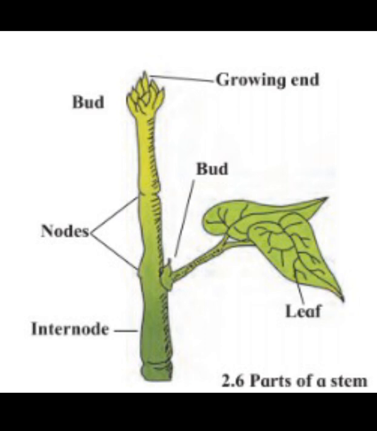The tip or apical end of the stem is called a bud, and on the top is the growing end. So this is all about the stem. In the next period we will see the later part of chapter number 2. Thank you.